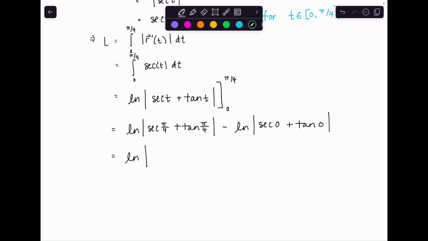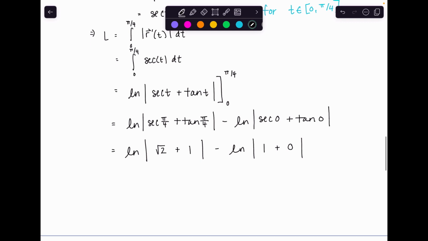Cosine of pi over 4 is root 2 over 2. So if you flip it, it actually condenses really nicely to just root 2. And then tangent of pi over 4, because sine and cosine are the same, that is going to be 1. And then over here, secant of 0 is the flip of cosine of 0. Cosine of 0 is 1, so its reciprocal is 1. And then tangent of 0 is 0.